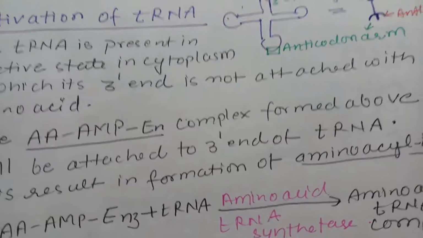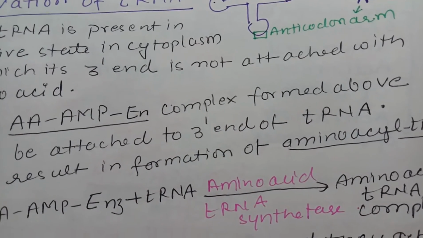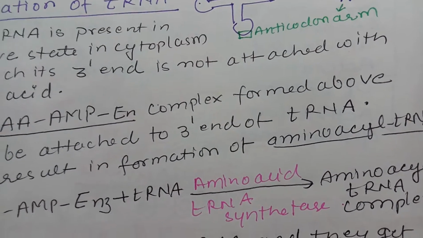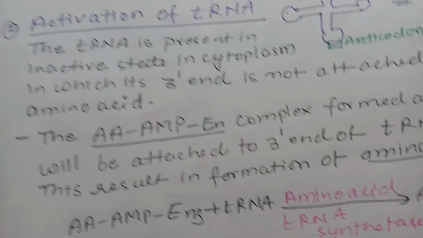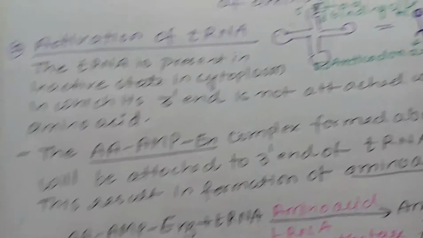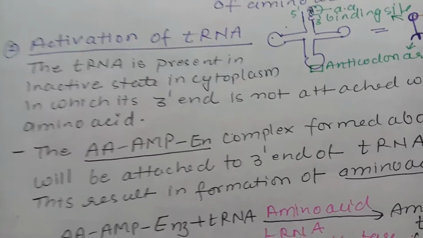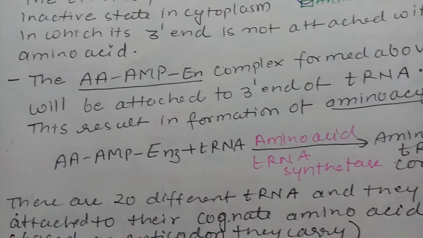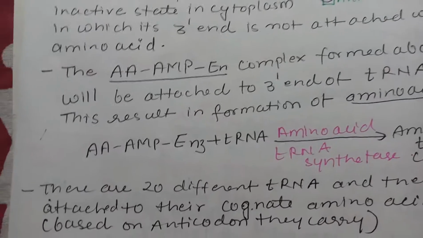Okay, so the same enzyme, amino acyl tRNA synthetase, which is used in the activation of amino acid is also used in the activation of tRNA. Since there are 20 different amino acids, there are 20 different tRNAs.